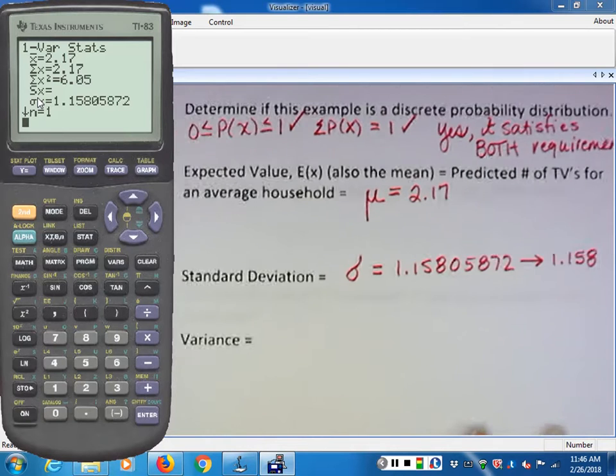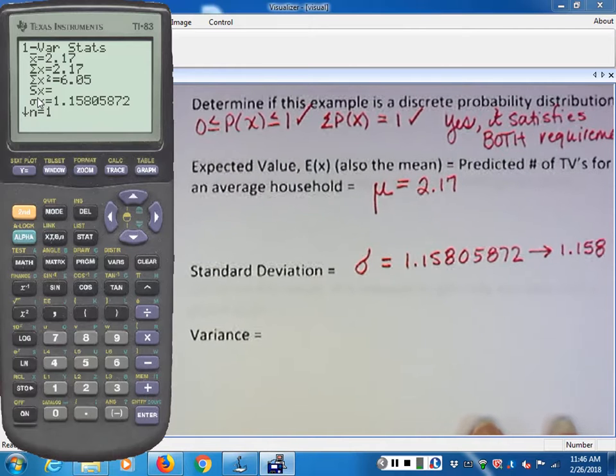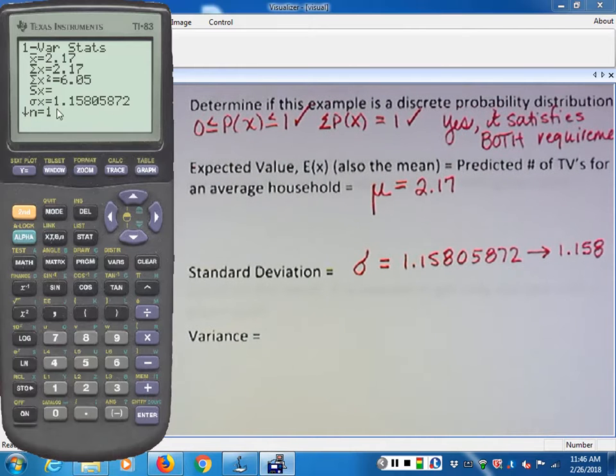And then the last question is about the variance. The variance is the value of the standard deviation squared. So you want to type in all those decimals, not the rounded off answer, and then you want to square it.